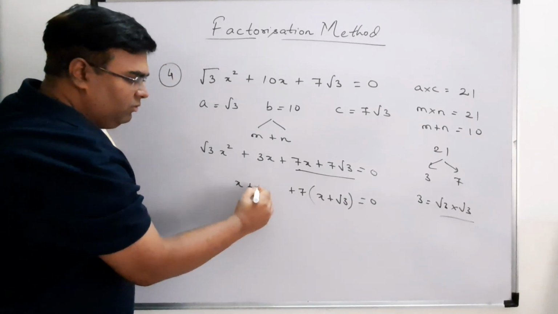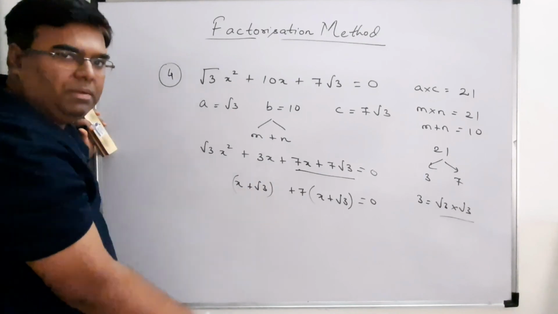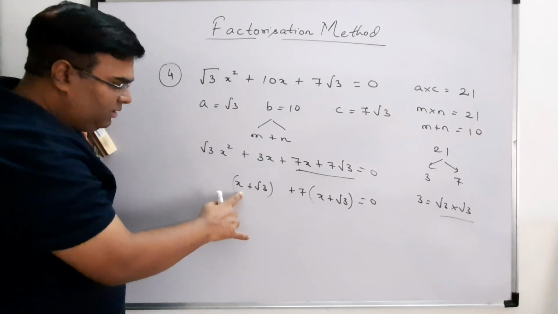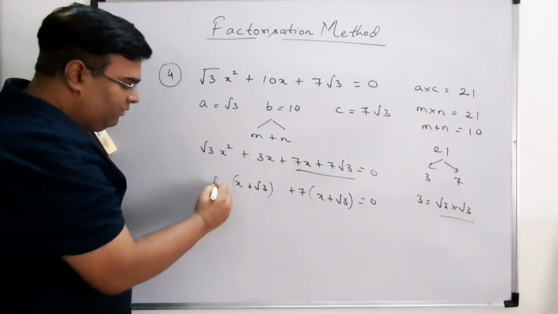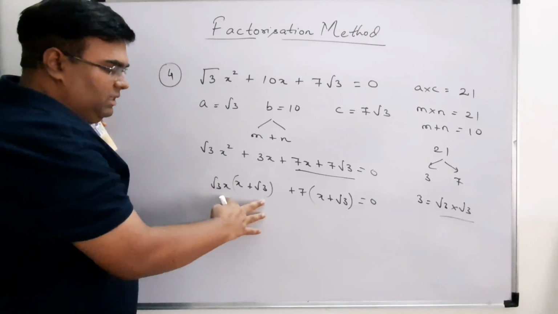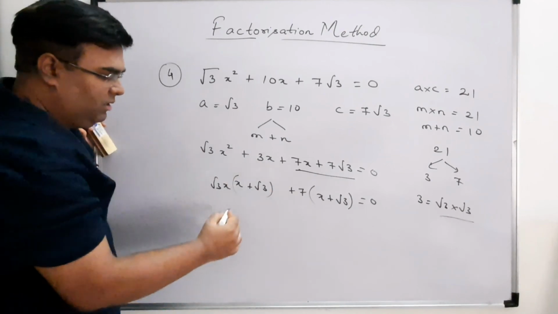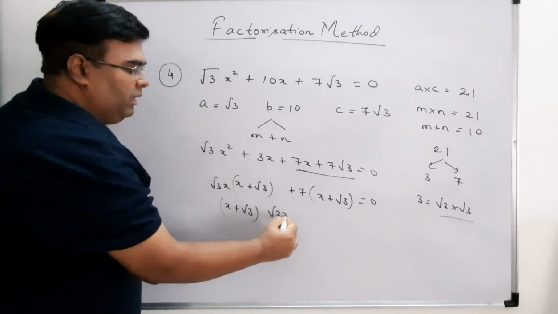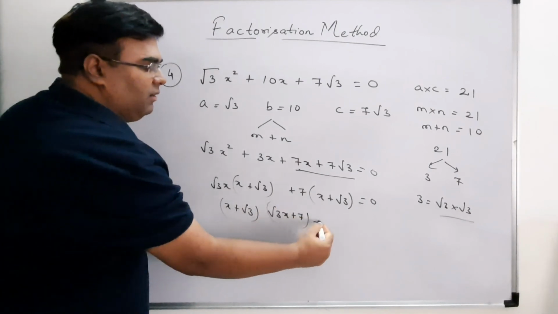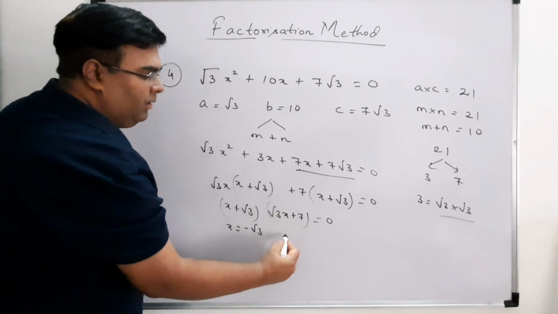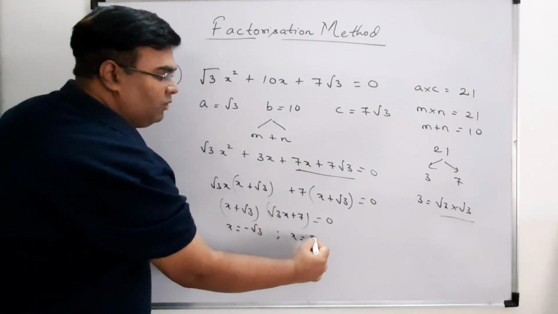So x plus root 3 will be there, right? And now we will take the first term here. So the only left thing is root 3x. If you multiply this, you will get 3x. So x plus root 3 is common, and root 3x plus 7 is the other factor. From here you can get x is equal to minus root 3, and from here you will get x is equal to minus 7.